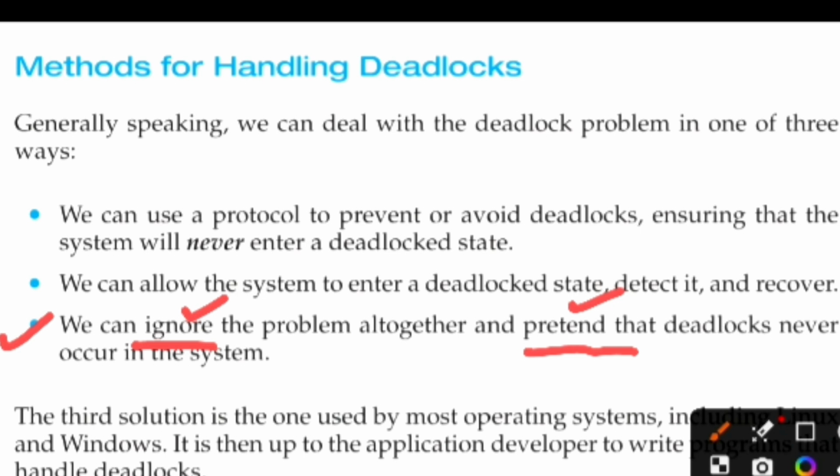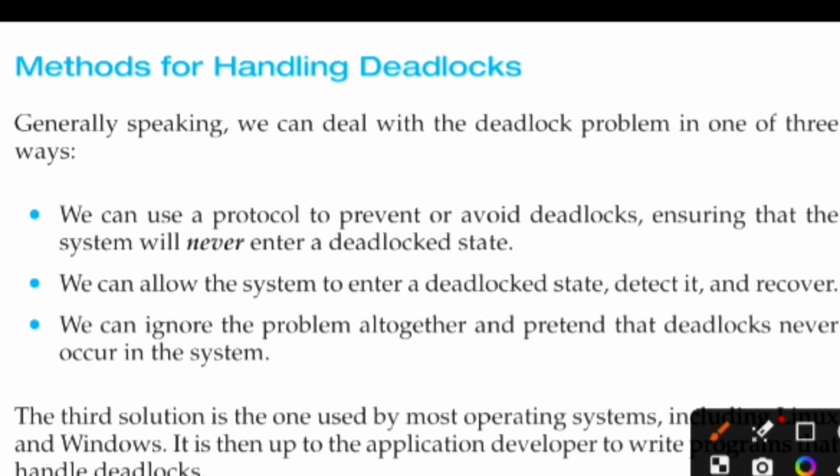You may be thinking, what kind of a strange solution is this? Though this looks like a strange solution, this method is also used by many of the operating systems. In this method, it is not the responsibility of the operating system to deal with deadlock, but it is the responsibility of the application programmers to develop the application in such a way that the processes do not enter a deadlock.